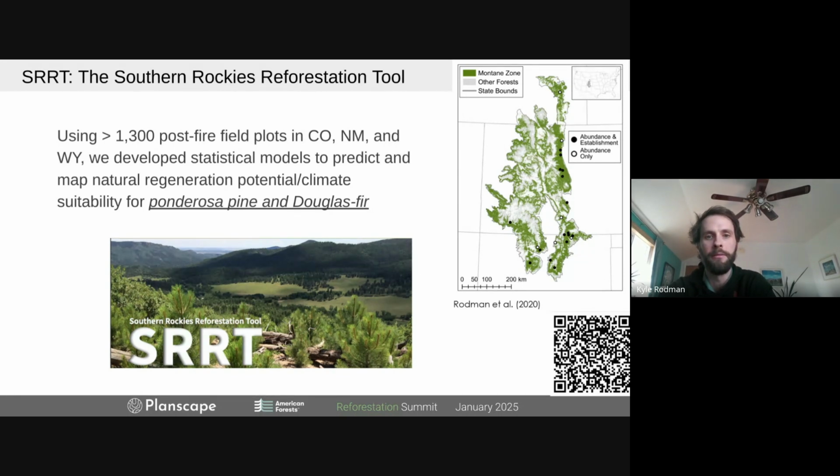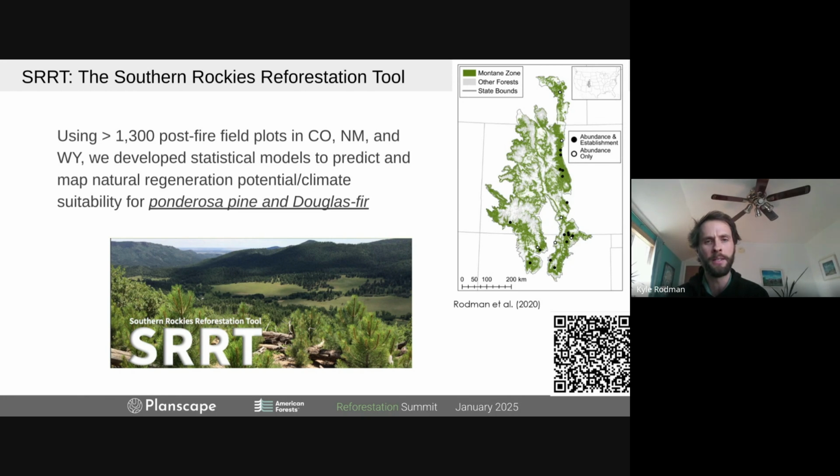This came out of an earlier manuscript, which was essentially a data synthesis project looking at a bunch of post-fire regeneration data and establishment data in the Southern Rocky Mountains. The locations of all those data sources are on the map on the top right. There's a QR code in the bottom right to the report for this tool itself. I'm happy to link to the earlier paper as well.